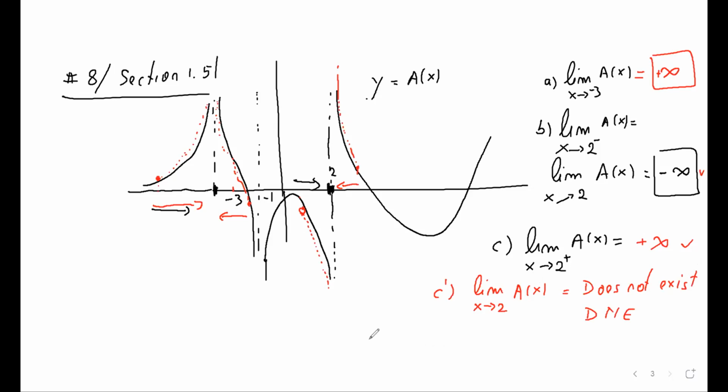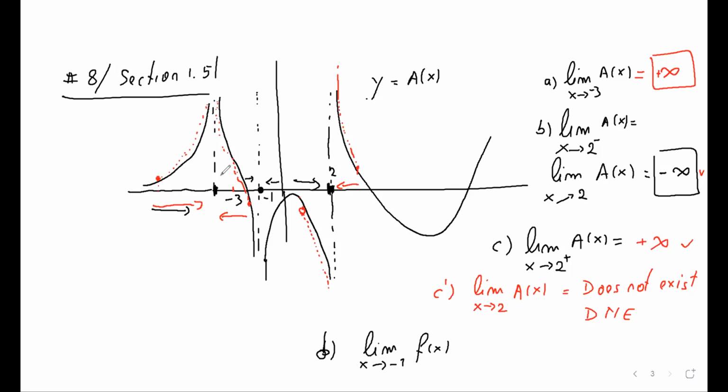And finally, part D, let me change back to black again. Part D over here, the limit as x approaches -1 of f of x. So let's see, where is -1? -1 will be here on the x-axis. Now, if I approach -1 from both sides, this way and this way, what happens here?